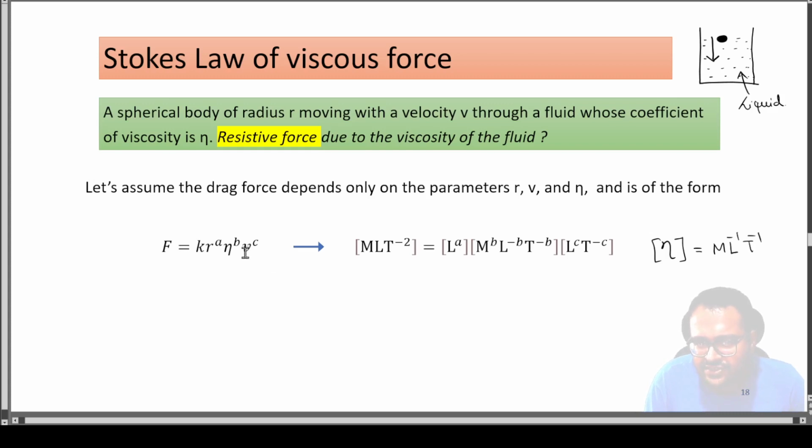All to the power b: M to the power b, L to the power minus b, T to the power minus b. And then the velocity, which is, of course, L T to the power minus 1, all to the power c.